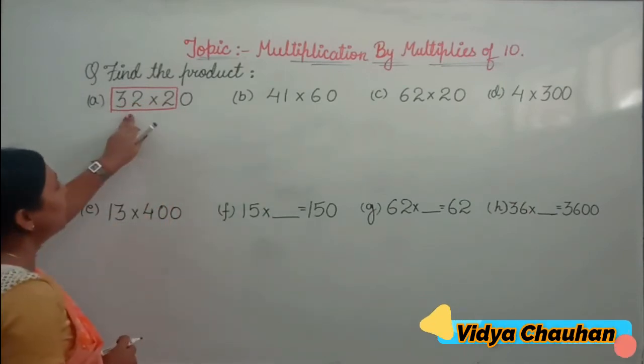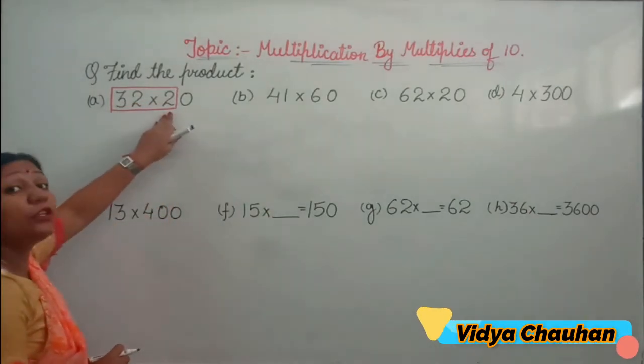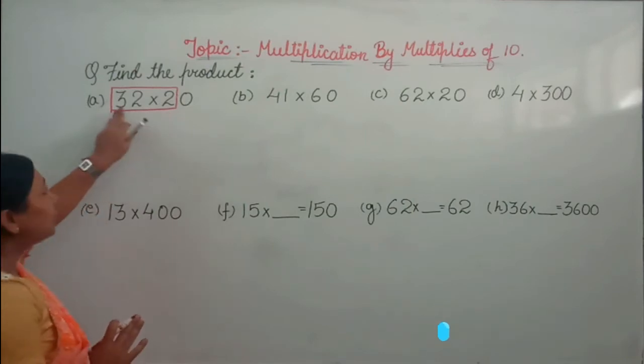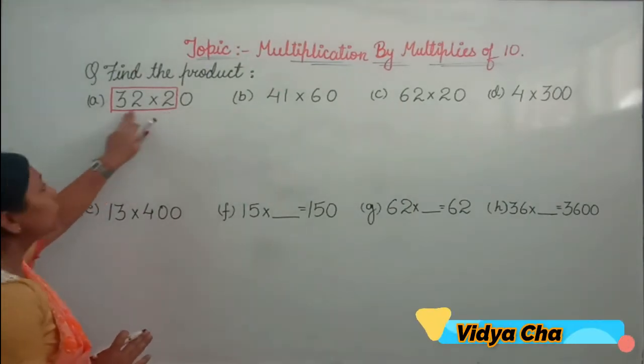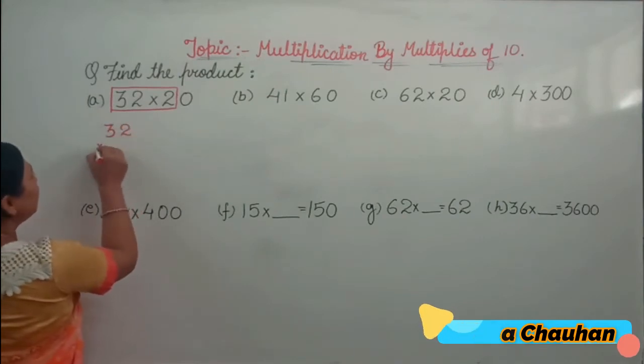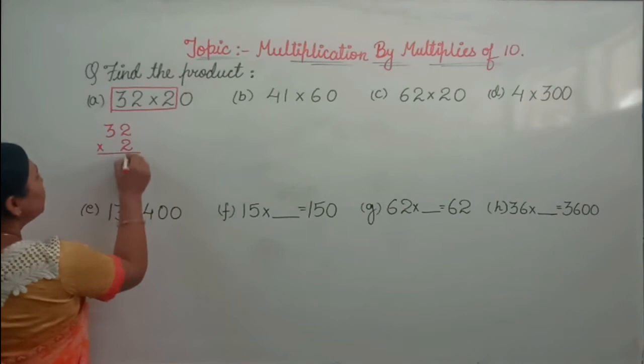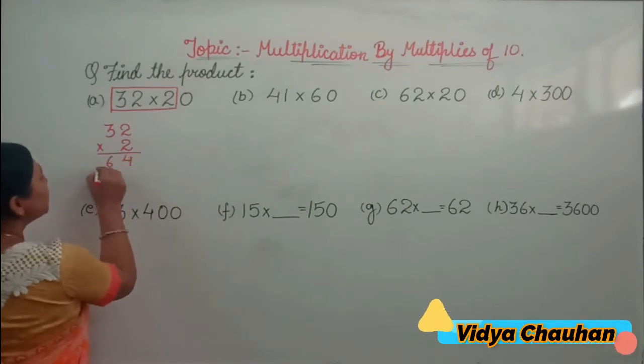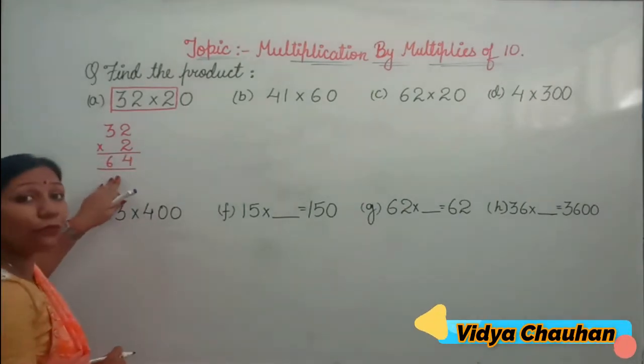That means you have to multiply 32 with 2. Simple? Now what is 32 multiplied by 2? 2 into 2 is 4 and 3 twos are 6. So your answer is 64.